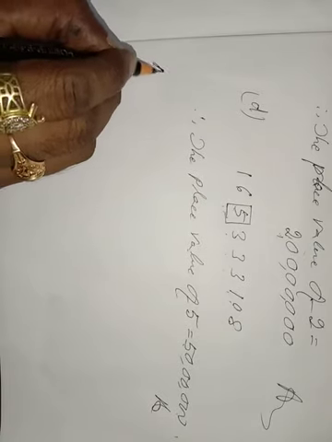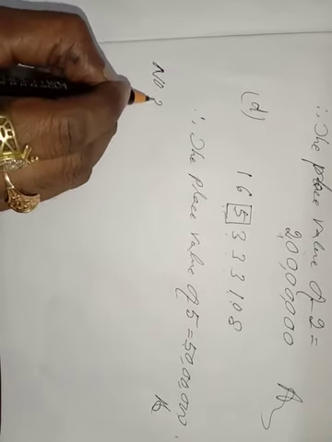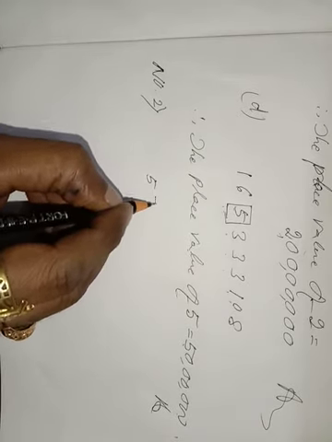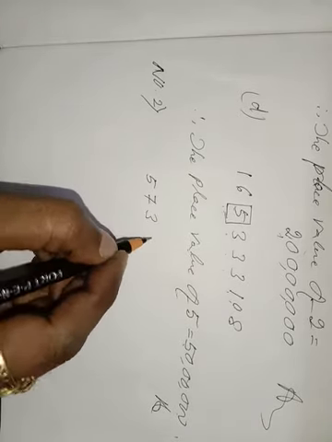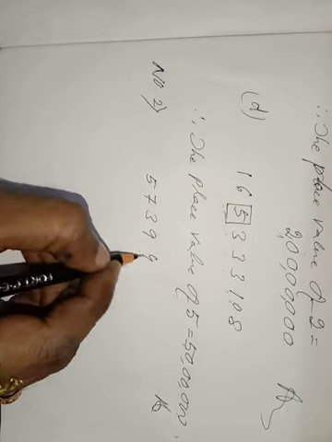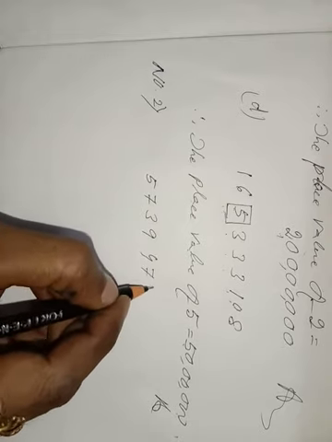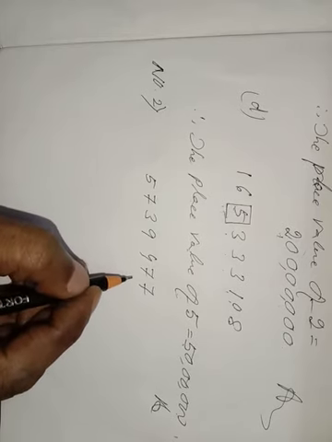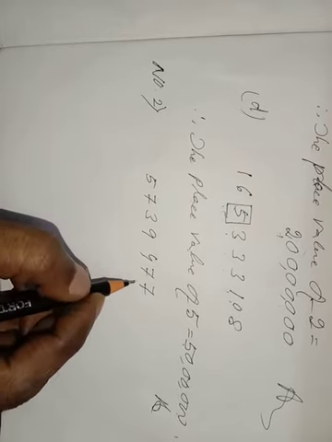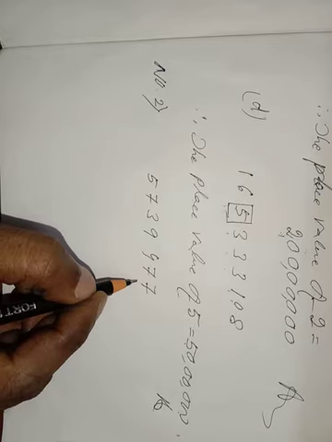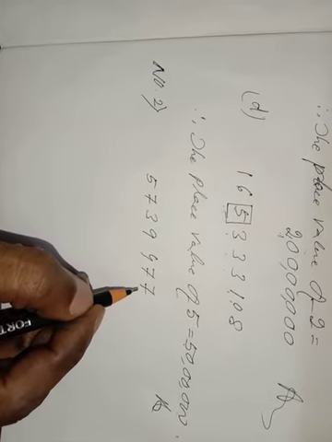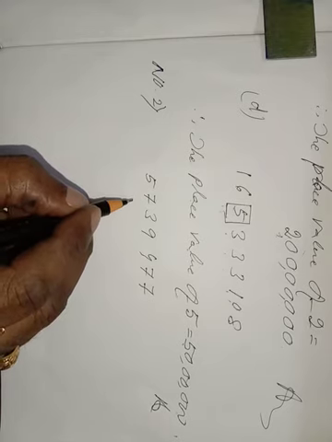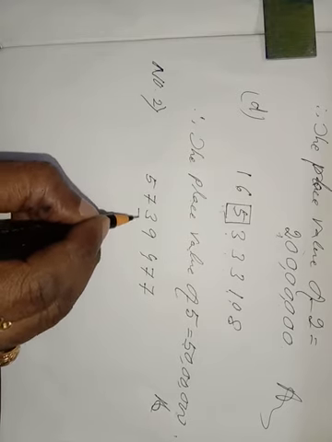See number 2. The question given is 5, 7, 3, 9, 4, 7. Sorry, in this question, you have to write the place value of 3. Where is the 3?